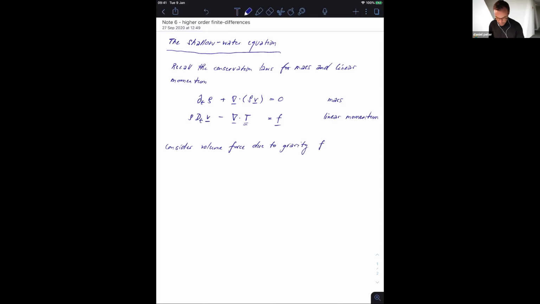So that drives the tsunami waves. You can write it such that the force is equal to rho times g, the acceleration, times h. H is then the water depth.